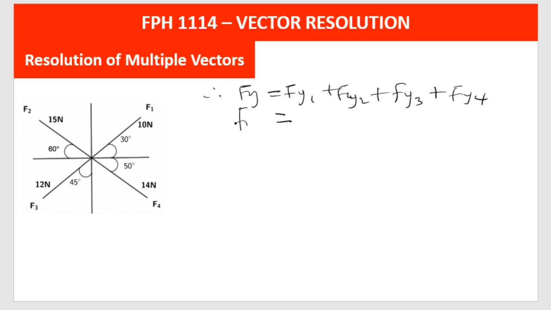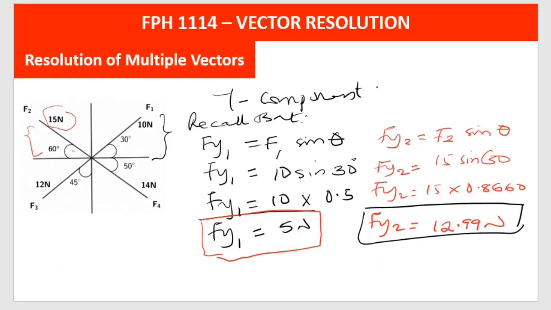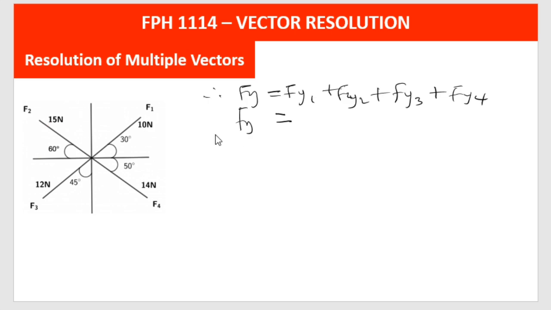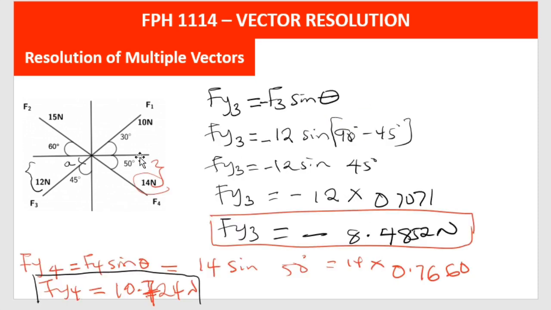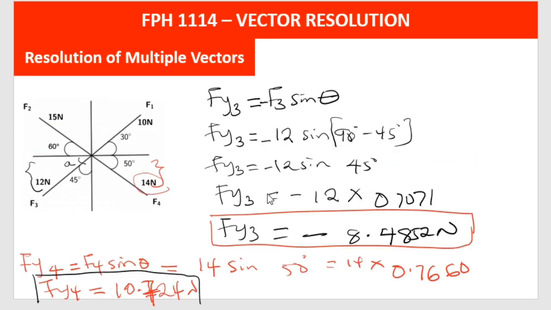So here we have for Fy1, 5 Newton, for Fy2, 12.99 Newton, and for Fy3 we have minus 8.4852.